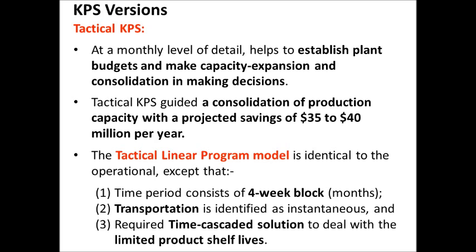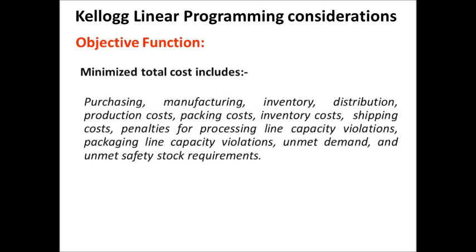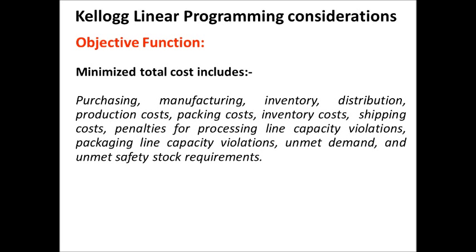So moving on to the next slide. We are talking about the Kellogg linear programming considerations, whereas the basic objective of KPS is to minimize the total cost of meeting estimated demands and improve productivity.